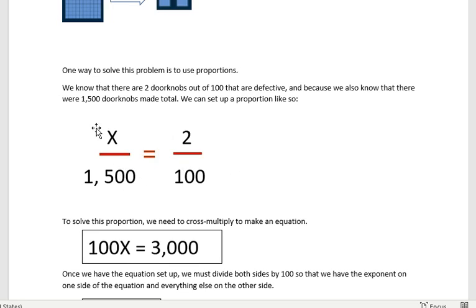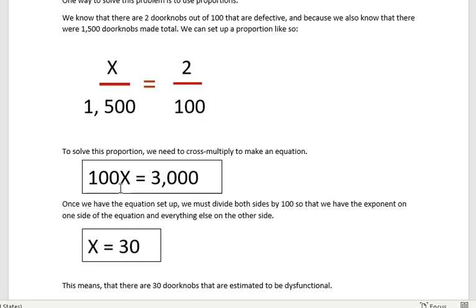We need to cross multiply to set up an equation. So 100 times x gives us 100x. And 1,500 times 2 gives us 3,000. Now we have an equation that we can solve. 3,000 divided by 100 will make it so that the x is on one side and everything else is on the other.